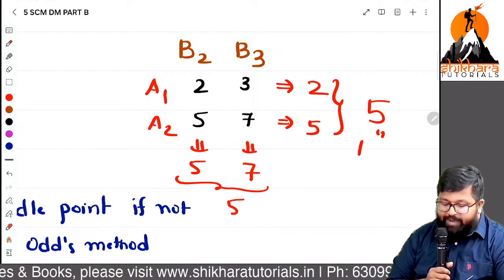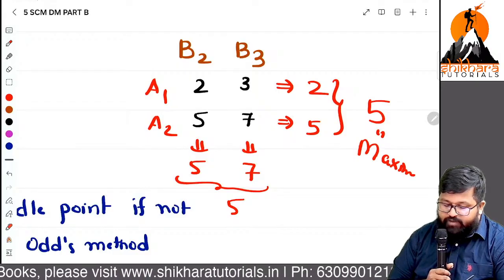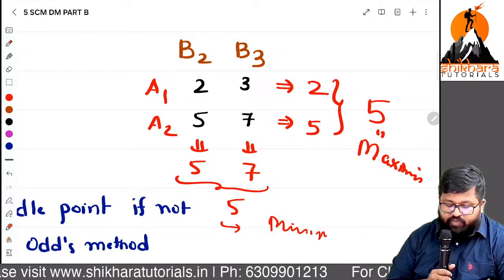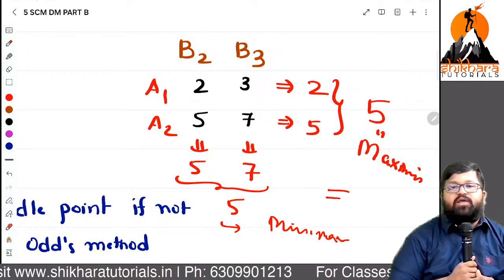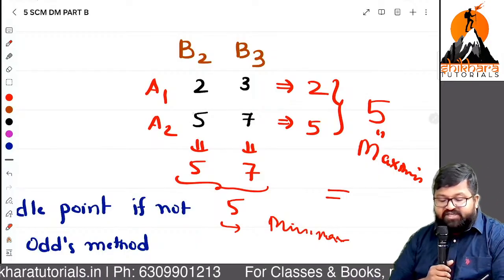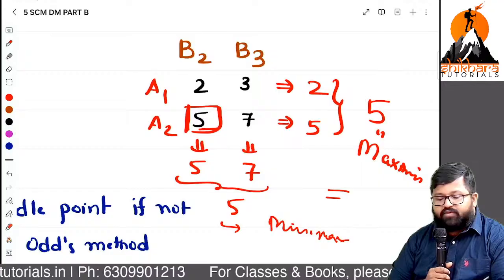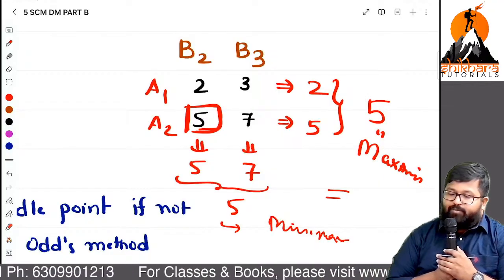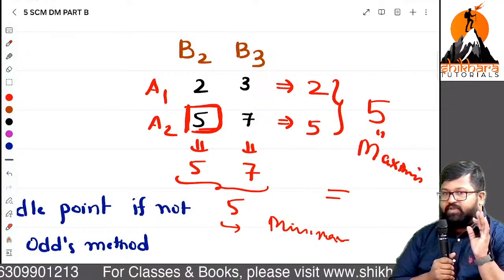Maxi min. And what is this known as? Mini max. Are these two values equal? As they are equal, we reach the saddle point. And the strategy is important. Mark the strategy. For player A, what is the strategy? A2. For player B, B2. That is the point. Mark that one.